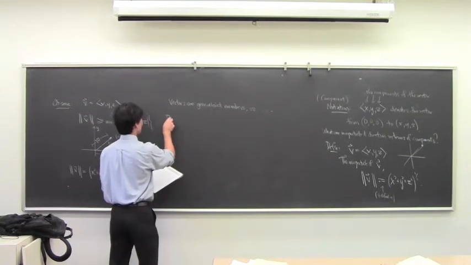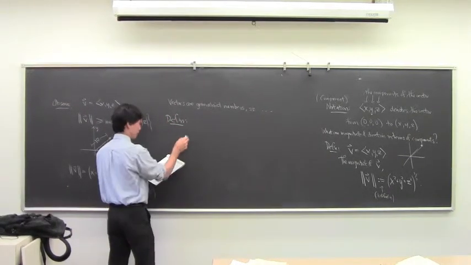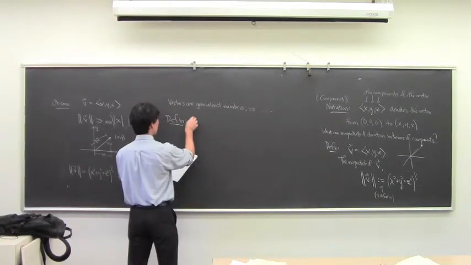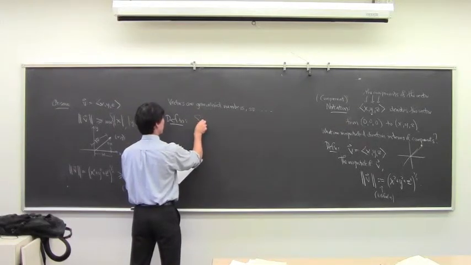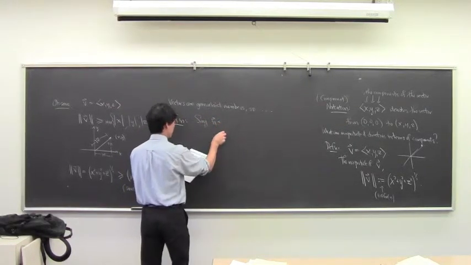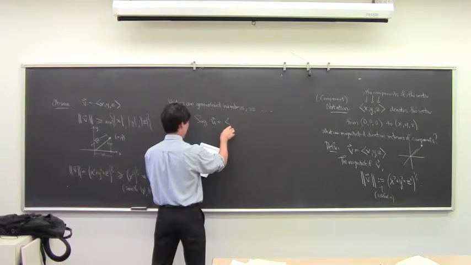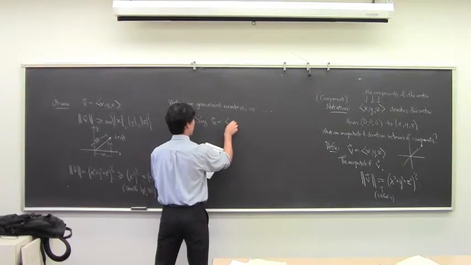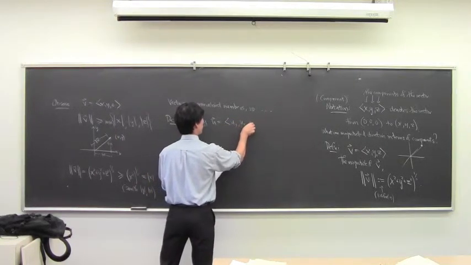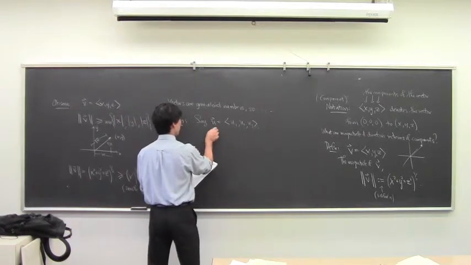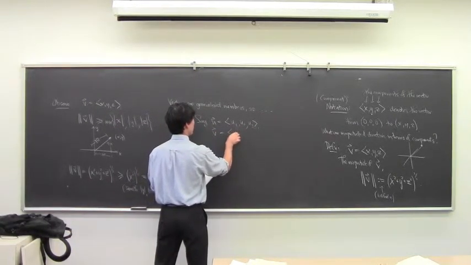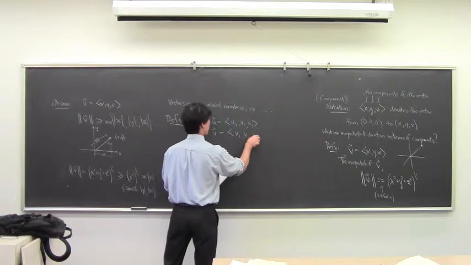Okay. So let me give the definition. Let's say that we have vector 1, which is (u1, u2, u3), and vector 2, which is (v1, v2, v3).